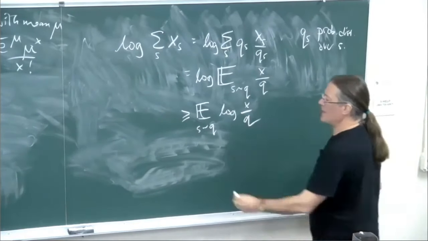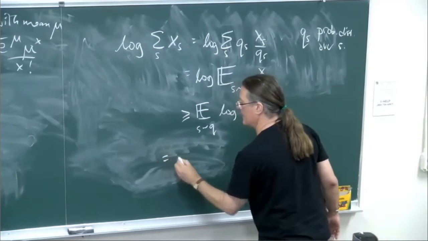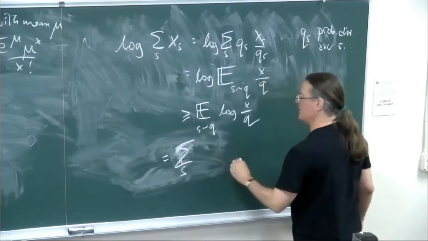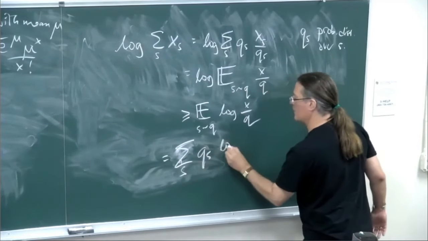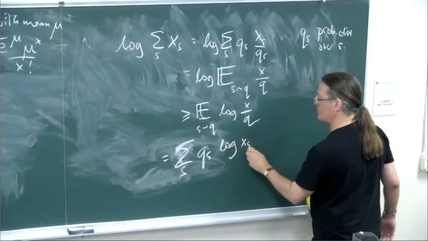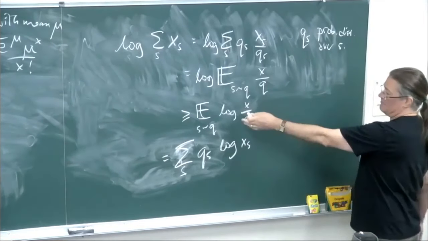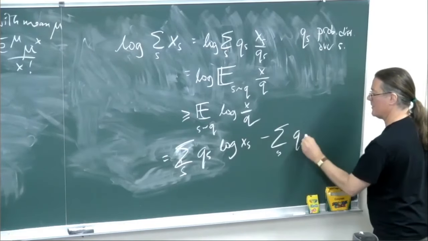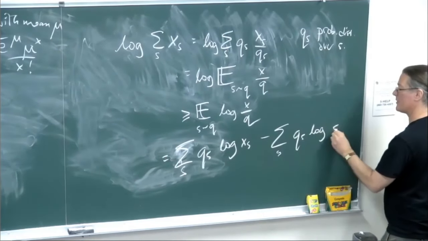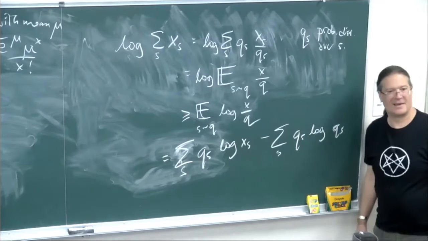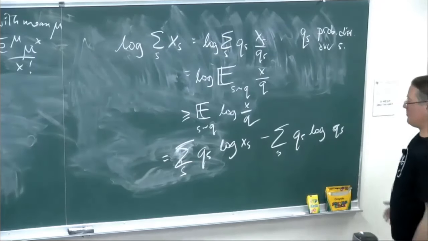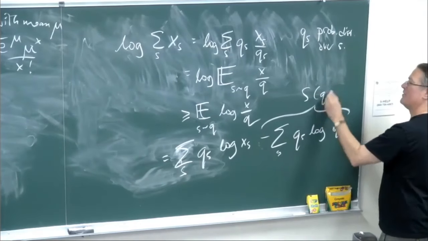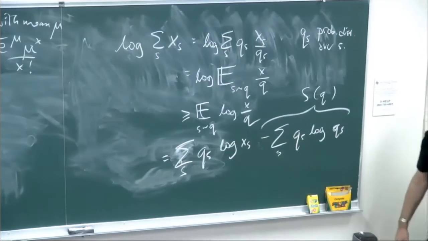But let's write that back out again as a sum: the sum of Q sub s log x sub s, and then I could write the log of 1 over Q as a separate term, minus Q sub s log Q sub s. Well, this is the entropy of this distribution, the Shannon entropy.